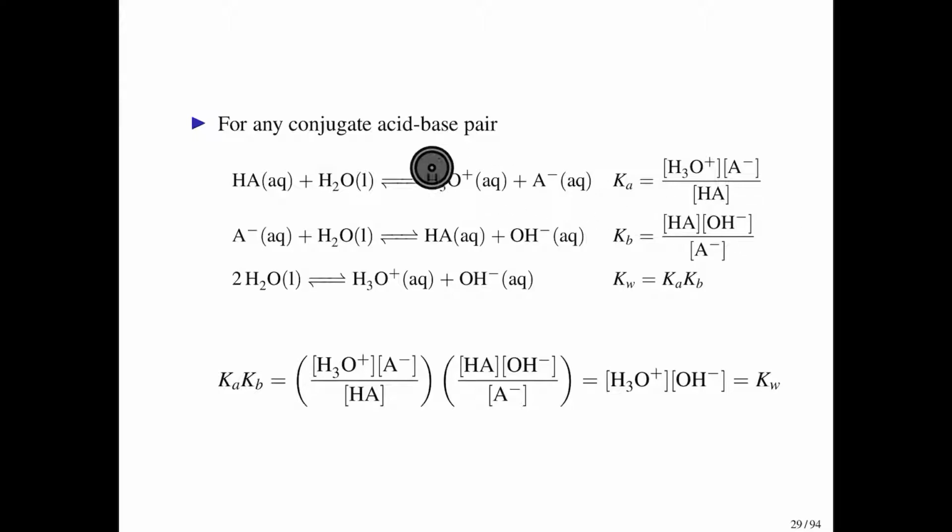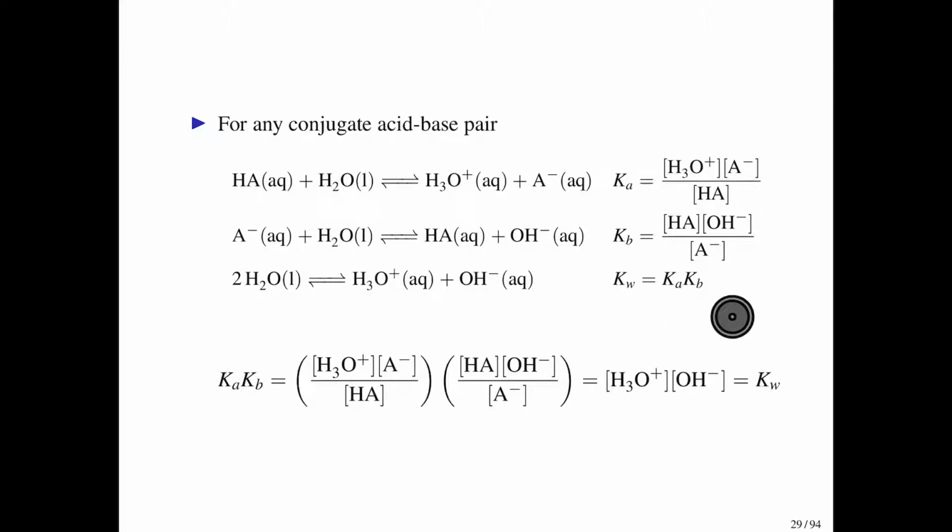If you take these two chemical equations and add them together, you get the autoionization reaction for water. That's because the conjugate bases cancel and the weak acids cancel out when you add the two equations together. We've learned previously that if you add two reversible chemical equations together, what you need to do is multiply their equilibrium constants together.